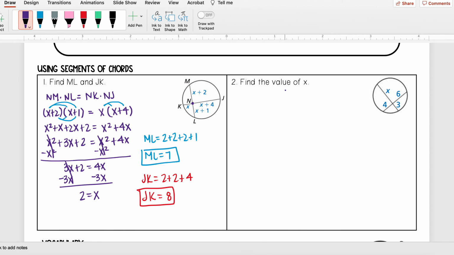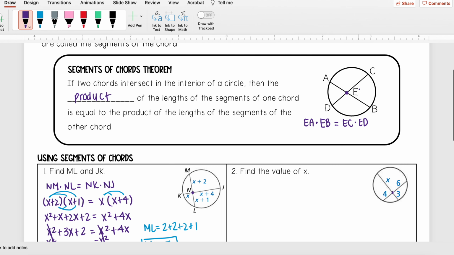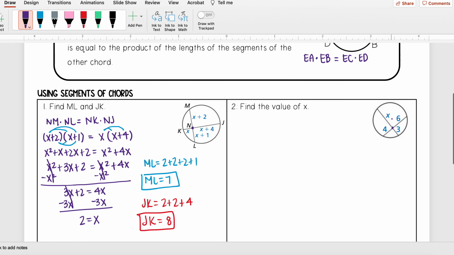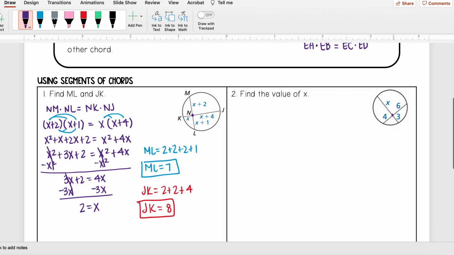Okay, let's try another problem just like that. So here I want to find the value of x. I see that I have two chords intersecting inside the circle. So I know I'm going to be using this segments of chords theorem because they're intersecting inside the circle. And so that tells us that the product of the lengths of the segments of the chord is equal to the product of the lengths of the segments of the other chord.